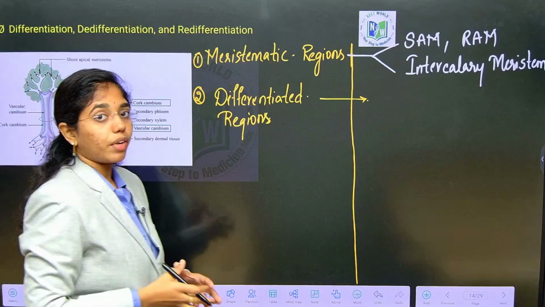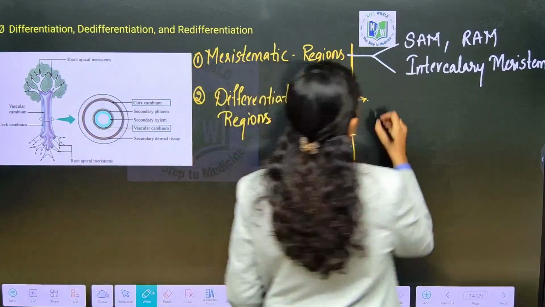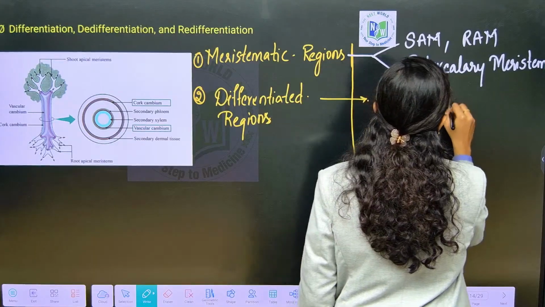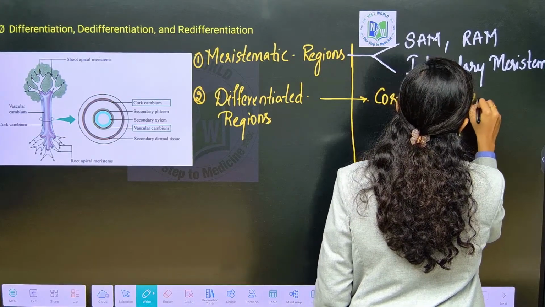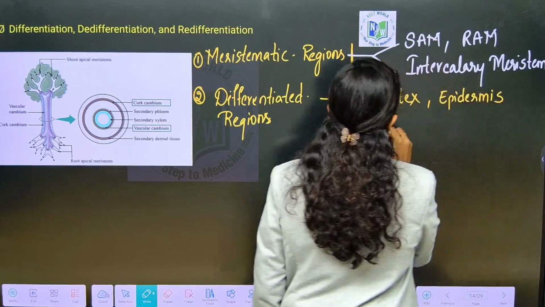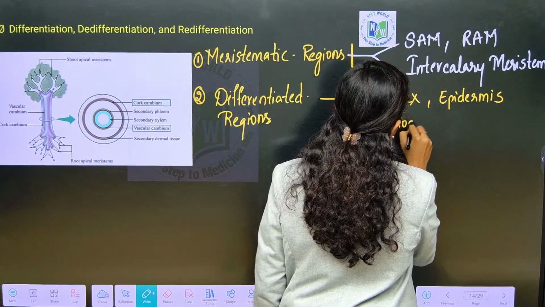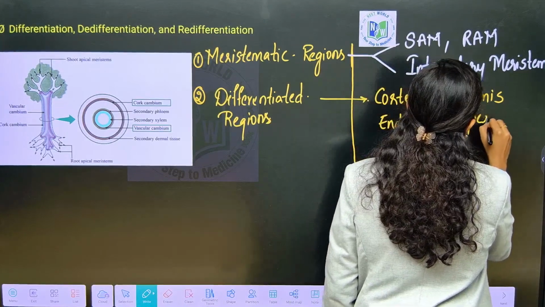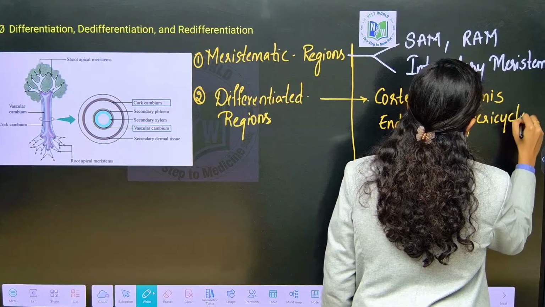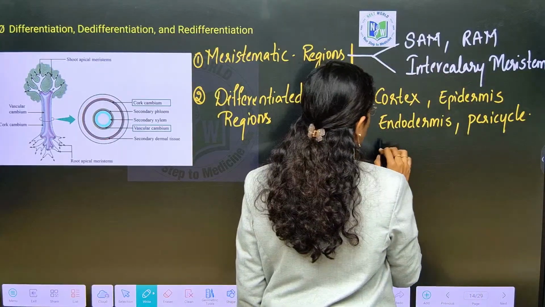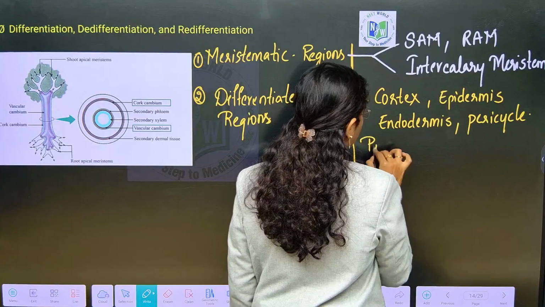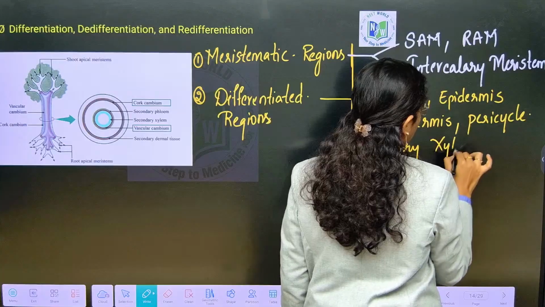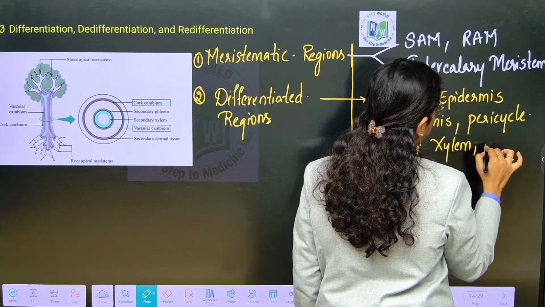But if you observe differentiated regions you can see cortex, epidermis, endodermis, pericycle, vascular bundles, that is both primary xylem and primary phloem.